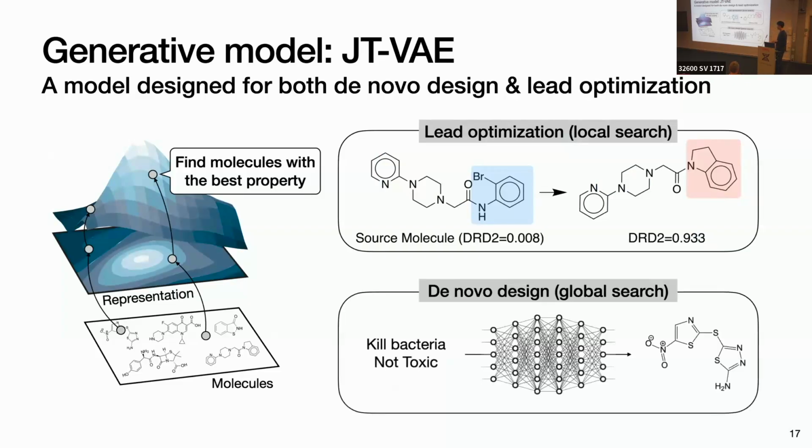We can also do purely de novo design, where you just ask the model to generate a molecule that can kill the bacteria but is not toxic. So we modified the JT-VAE framework to tackle both settings.